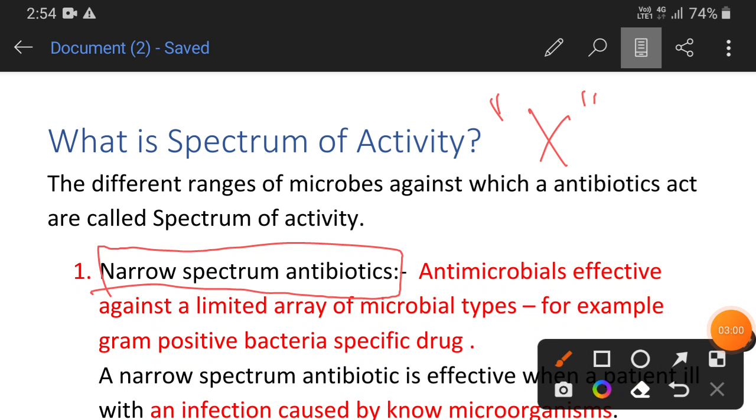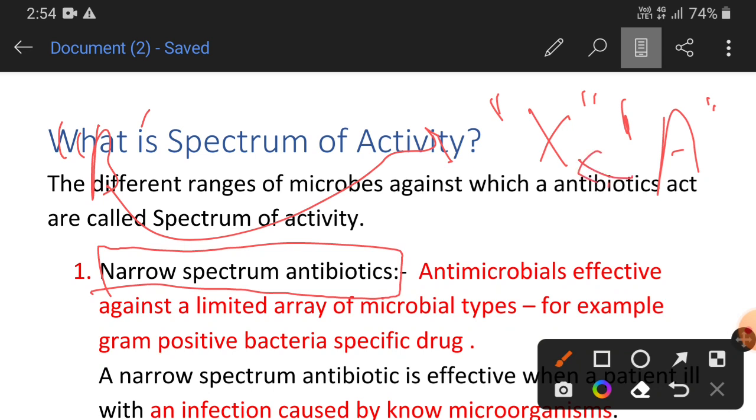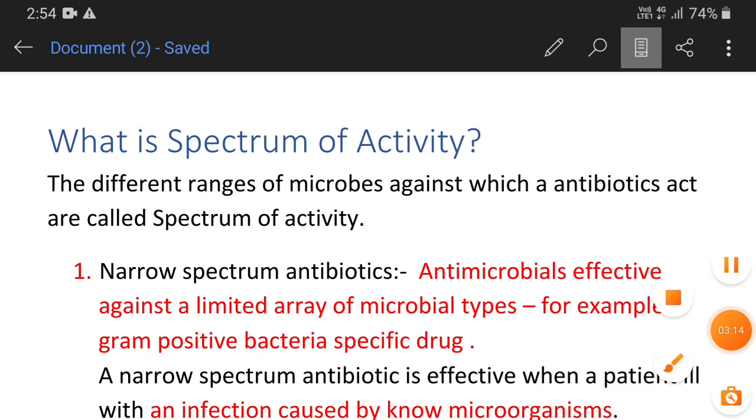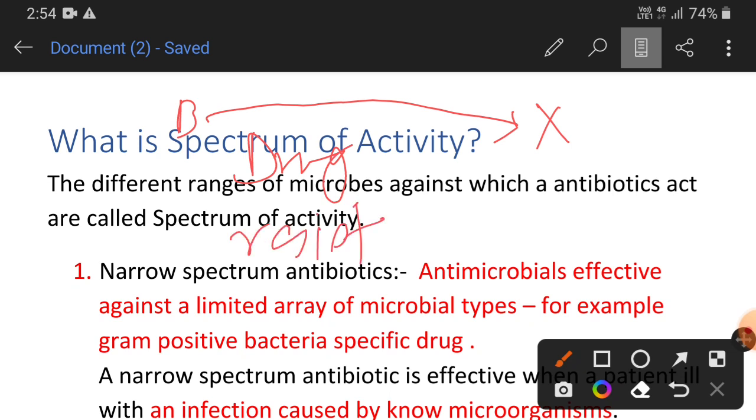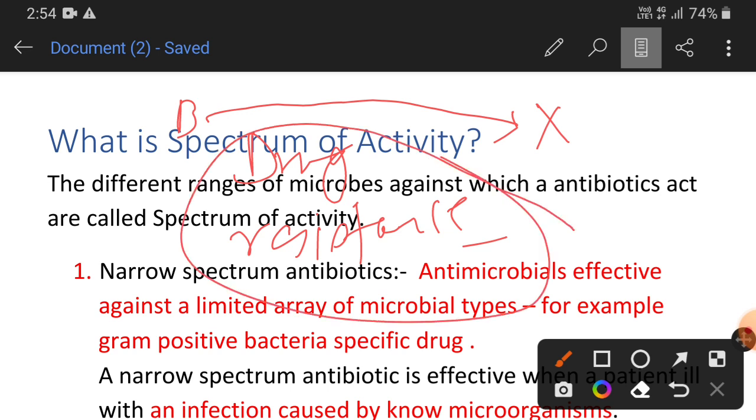So when you use B instead of A, there is a chance that B will facilitate the emergence of drug resistance. As B was effective against 6 different types of bacteria, B provides the chance for the bacteria to develop drug resistance against that particular antibiotic.